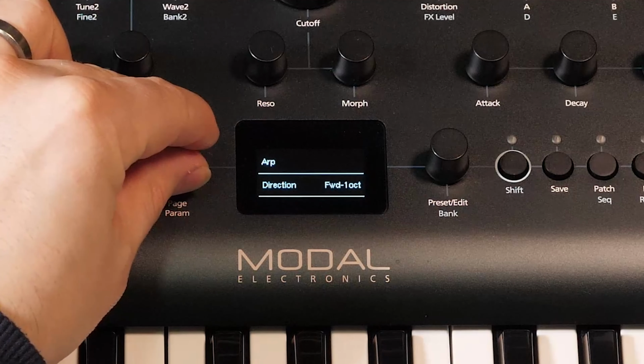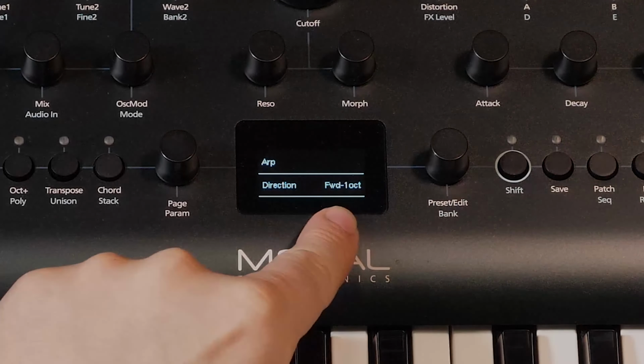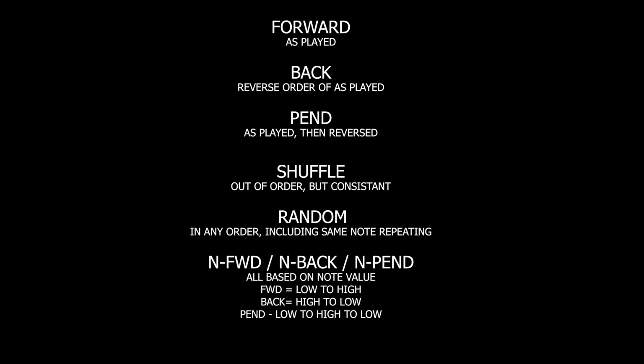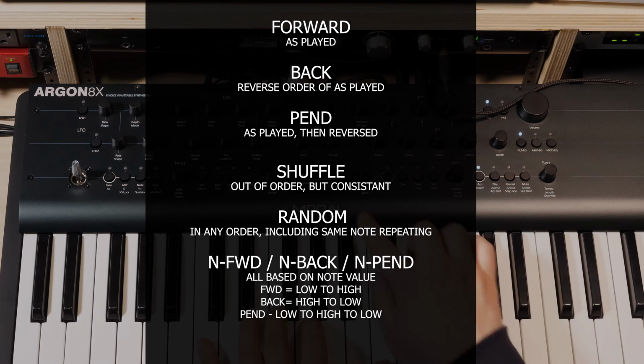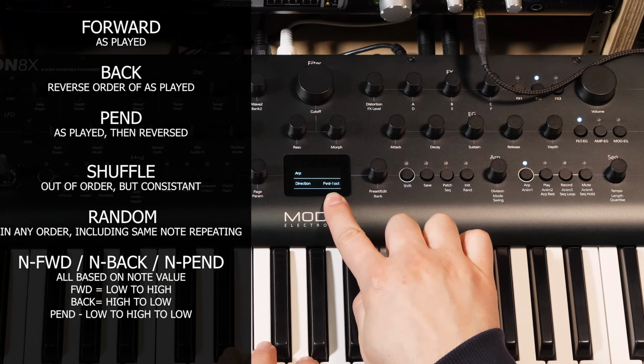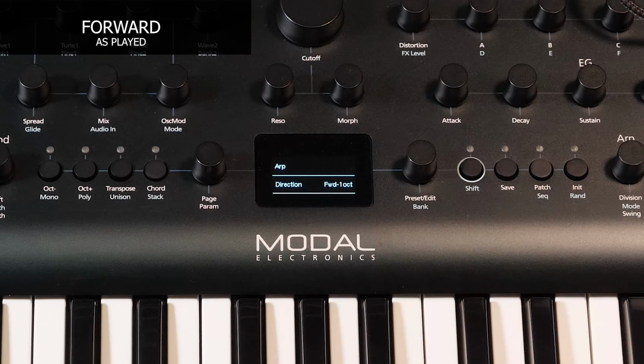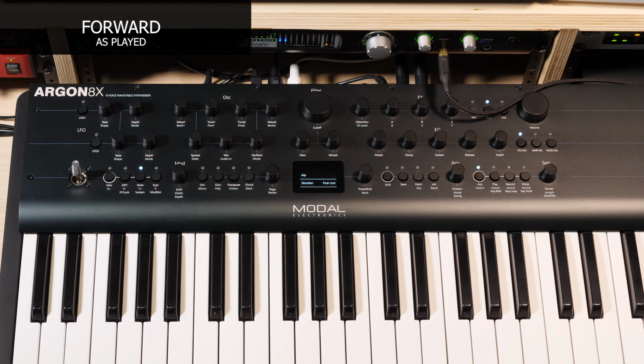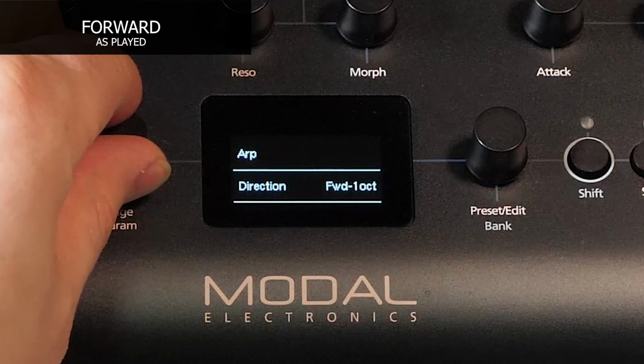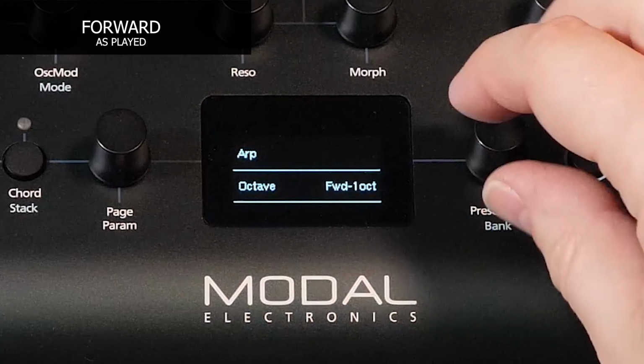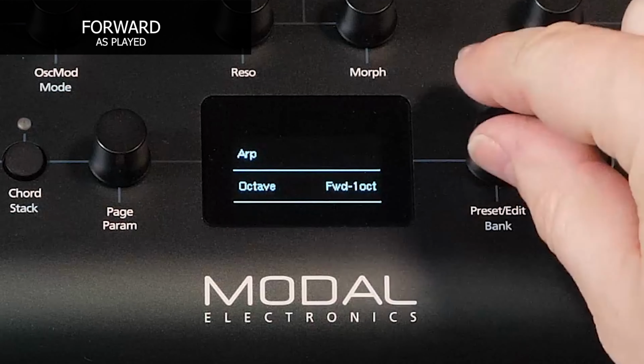It's pretty self-explanatory. The direction. This is sort of as played mode, the forward 1 octave. Now, if you want that to repeat with a second octave, you just add in 1 more octave and make it 2 octave.